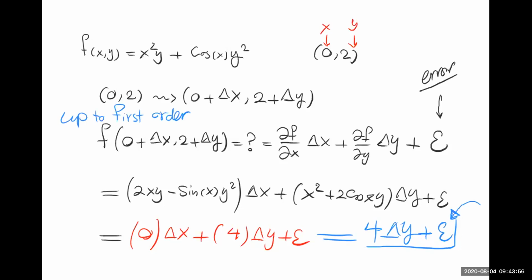So if they tell us to study the first order approximation of f, it means we should only look at this thing here. Okay. Actually, this is quite useful in approximating a function. Okay, so this is quite interesting.